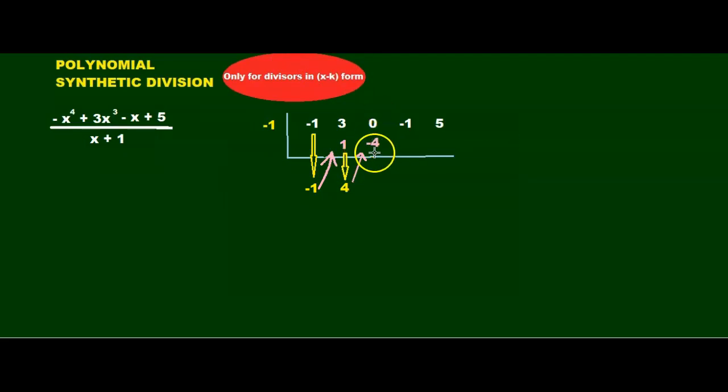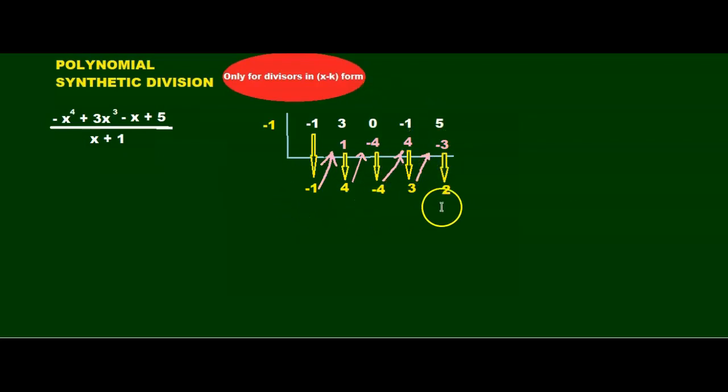Then we're going to add downwards. So 0 minus 4 gives me negative 4. Then negative 1 times negative 4 gives me a positive 4. Add downwards. So 4 minus 1 gives me 3. Then I'm going to multiply negative 1 times 3 gives me negative 3. Then we're going to add downwards. So 5 minus 3 gives me 2.